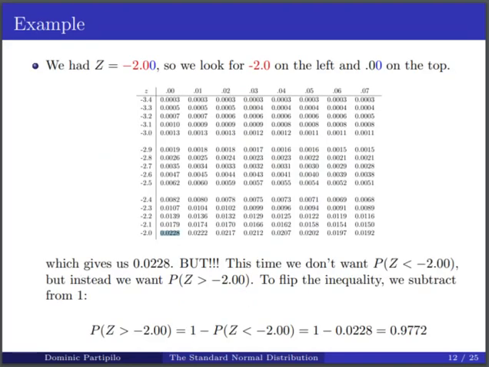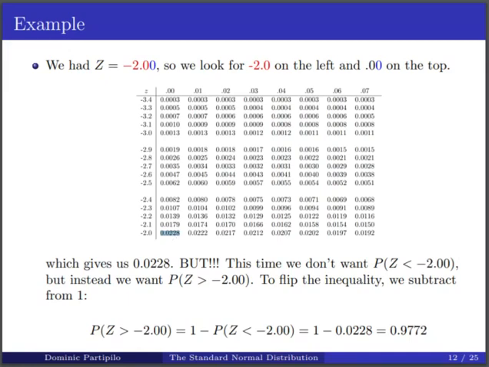So when we look at this on the table, again, we're going to be looking at negative 2.0 in the left margin, and then we're going to be looking for that 0.00 on the top. So when we look at that, we find negative 2 here, and we find 0.00 here. So what we come up with is 0.0228.